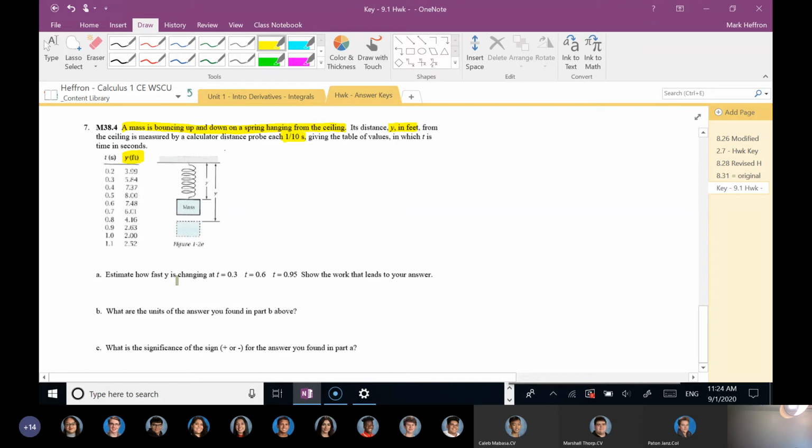Estimate how fast y is changing at t equals 0.3. How could we use our table to figure out the change in y over the change in time at t equals 0.3?